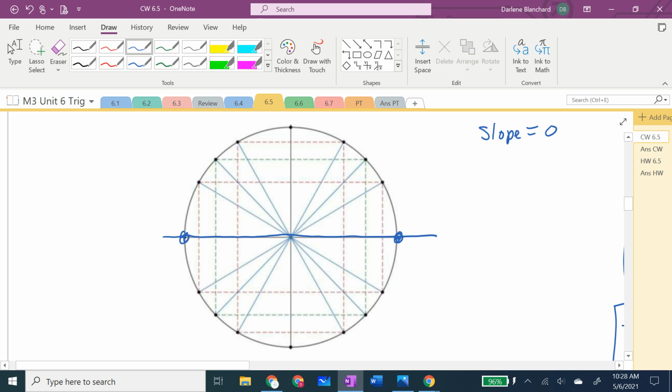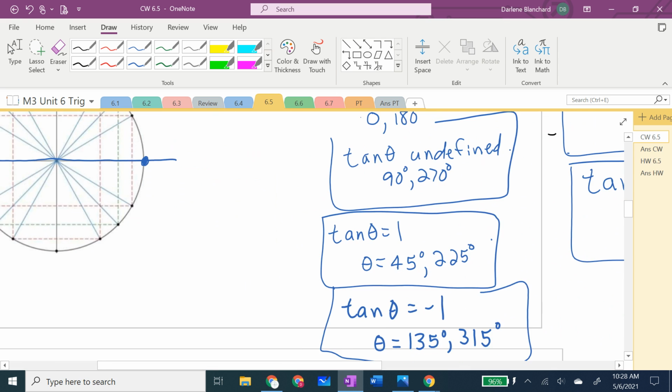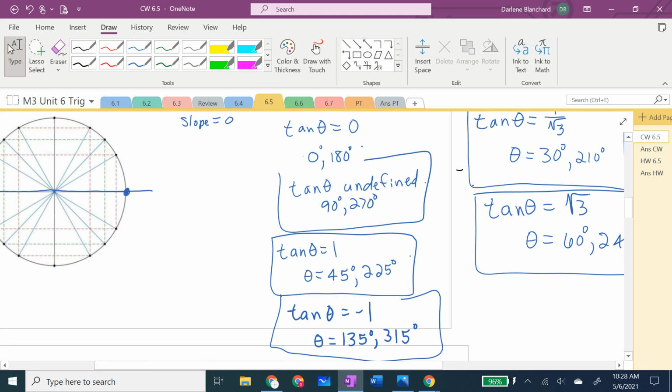I would draw a flat line, but the thing that confuses me is why is the tan of 0 a 30-degree angle? Why does it do that instead of just being 0? Wait, where did you see that?